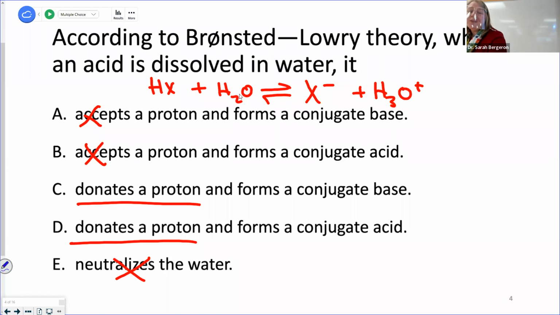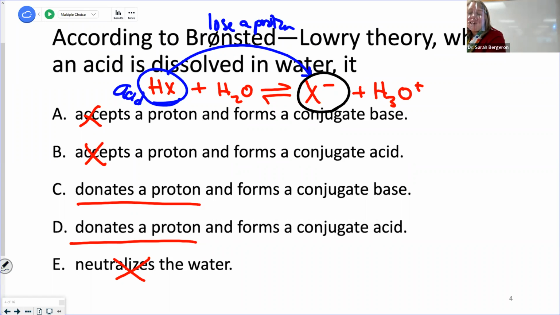So if we have something that starts off here as an acid, right? When we go from left to right, what's happening? We lose or we donate a proton. Now, do I still have an acid? No. What happens if I take this and I go in the reverse? What am I doing?